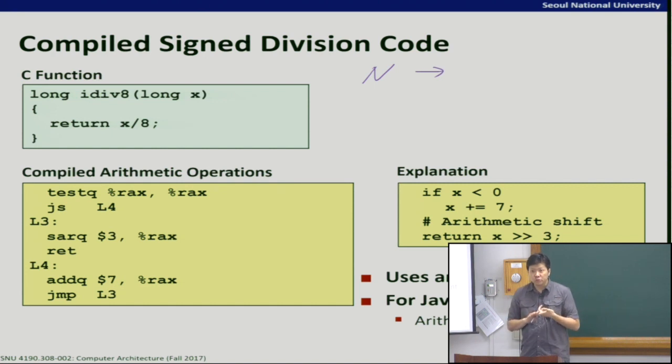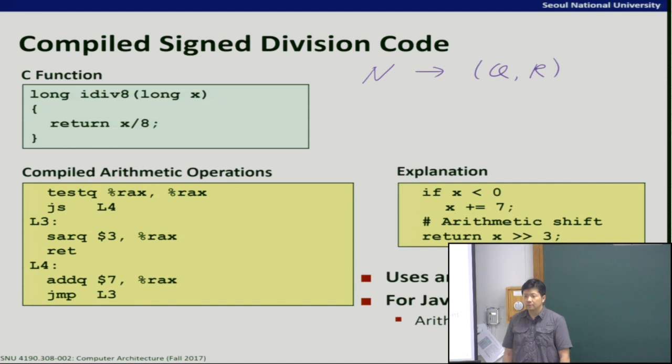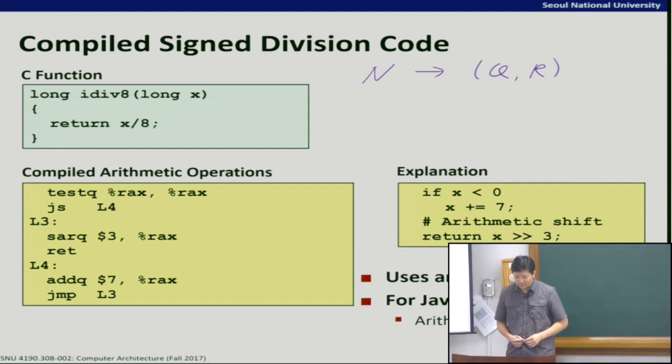The first one is the quotient, and the second one is the remainder, right? Q and R. Quotient and remainder. Q is 몫 in Korean. R, the remainder, is 나머지 in Korean, right? You know that. So then the question is, what is the right Q, the quotient, for division? What would be the definition?